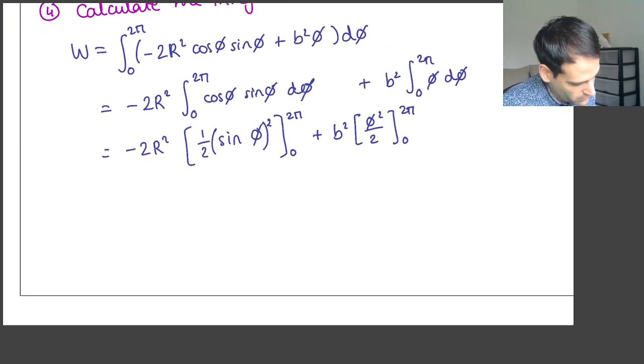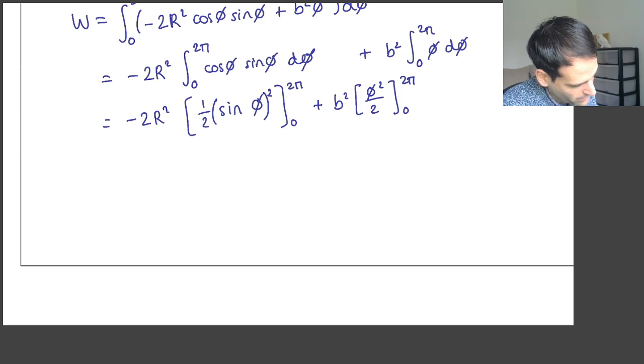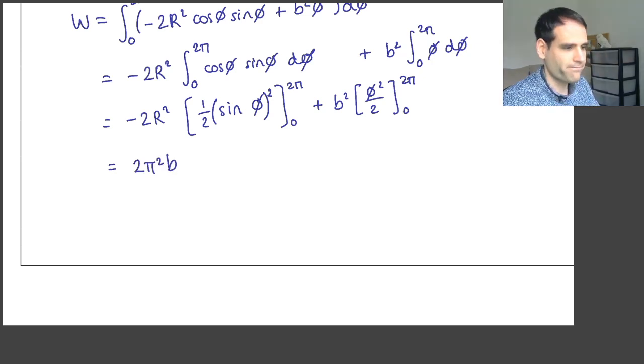Okay, so the answer to this is 0 because the sine of 2 pi and the sine of 0 are both 0. So we are only left with this term here, which will be 4 pi squared divided by 2, that's 2 pi squared b, sorry, b squared. And that finalizes our calculation.